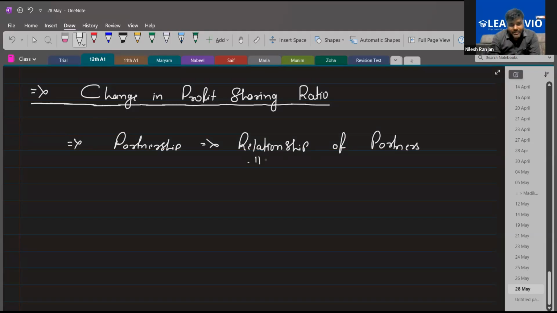Now, what does it mean by this relationship? It is profit sharing ratio. Due to this, all partners are related with each other. They are sharing the profit or loss of the company. That's why they are related with each other.